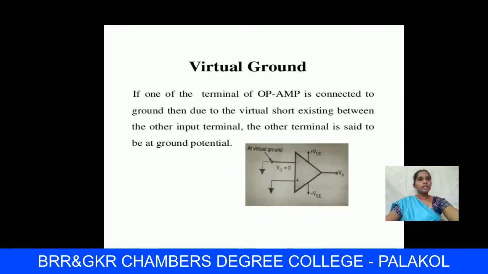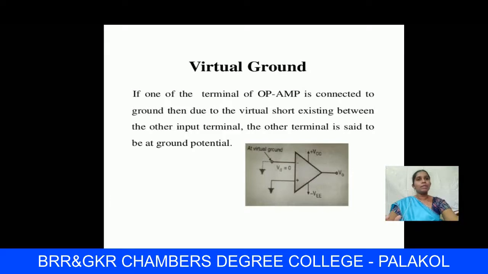Next concept is virtual ground. If one of the terminals of an op-amp is connected to ground, then due to the virtual short existing, the other input terminal is said to be at ground potential. It is the same concept as the virtual short.